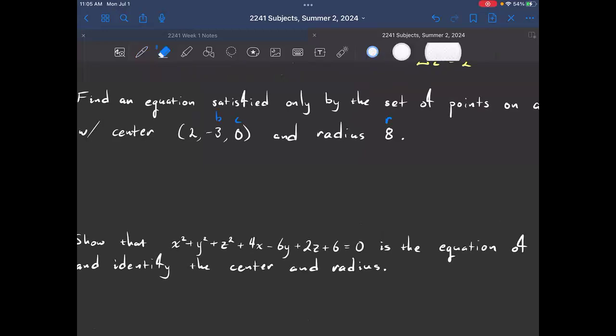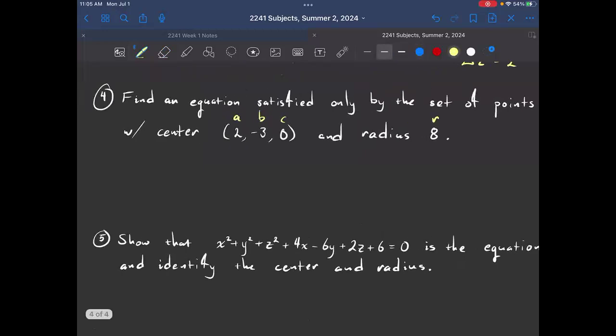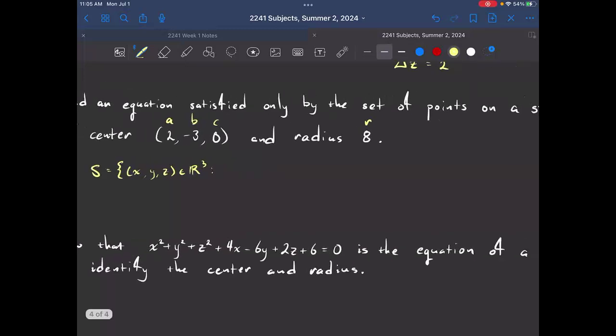And we have our equation for a sphere. S is the set of points x, y, z in R3. I'm being a little bit mathematical about this, but just bear with me.